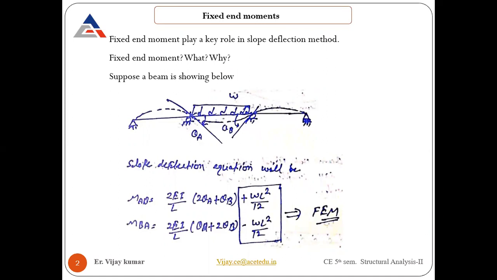We have to find out what fixed end moment is and why we need to find this value, the basic purpose and basic form. Fixed end moment, FEM. Fixed means a moment which is created on a body which is fixed, and at that point the moment itself is considered to be a couple or a moment acting over there.